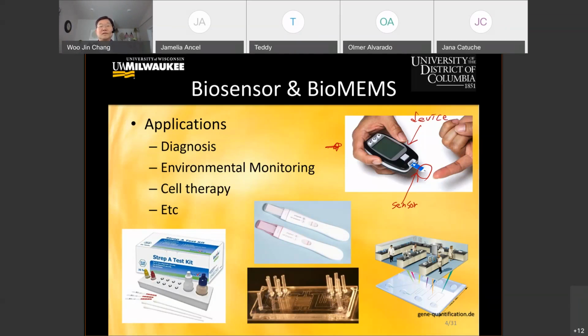So this is a really great example, which shows the goal of this biosensor and biomems device. So what we want to do is making this type of device and system so that anyone can do this measurement whenever required and wherever it is needed. And this pregnancy test kit is also a good example.